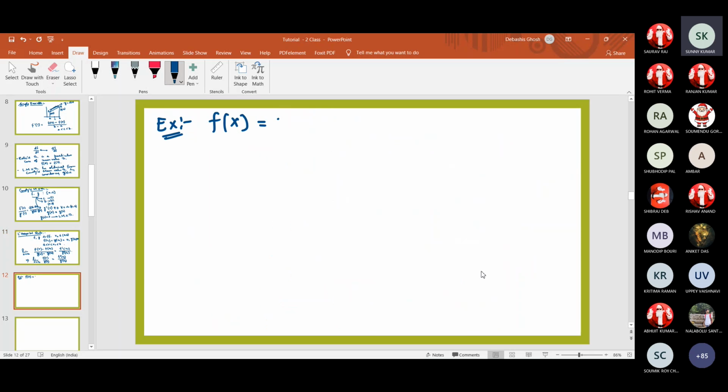So for that we consider an example: f of x equals 3x square minus 5x, and g of x equals 2x plus 5.